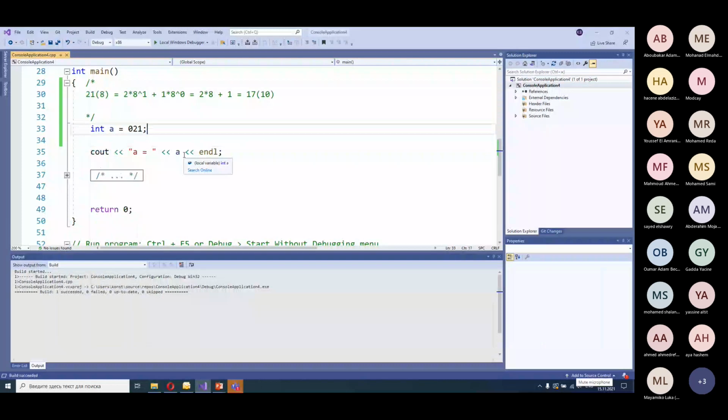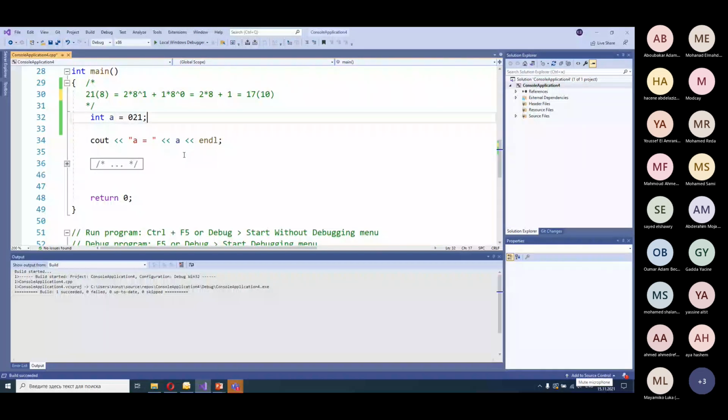Of course, when you write a program, I think you will never use the octal system of notation, but it shows that this is implemented in the programming language and it can be used. Well, any questions about it?